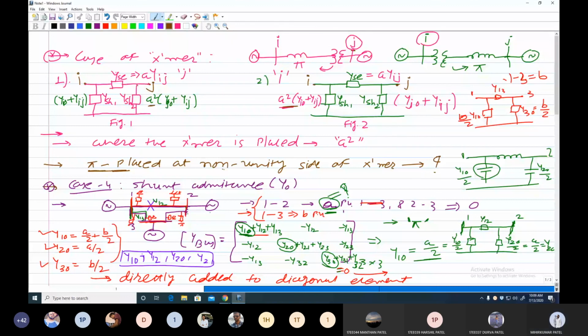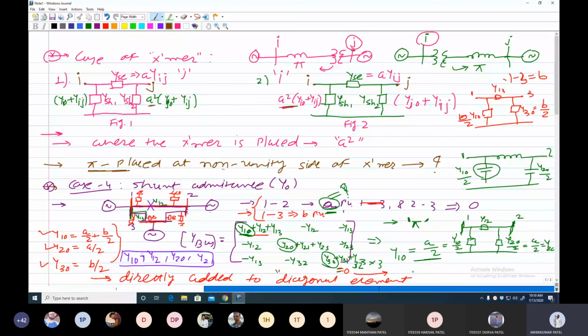Next is the case of shunt admittance, which is offered by the transmission line. For the case of shunt admittance, we will directly add this shunt element to the diagonal element of the network.